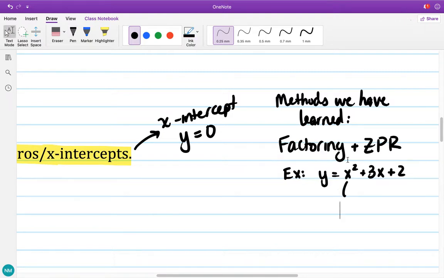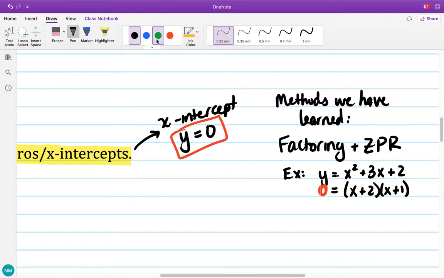First we turn y into 0, so this becomes 0 equals, and then this is x plus 2 times x plus 1, because 1 times 2 is 2, and 1 plus 2 is 3. Yes, I know I'm speeding through this because it's a quick review. It's not a lesson. And then you set each of these equal to 0 and solve.